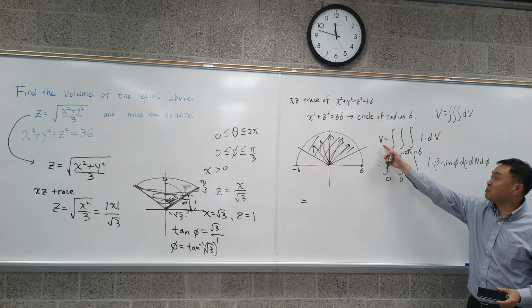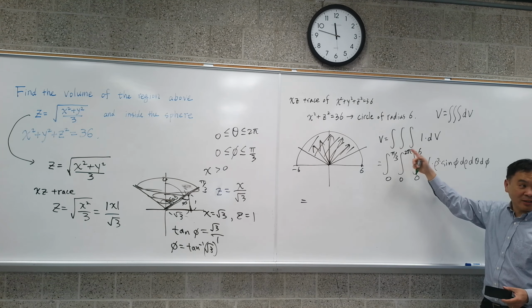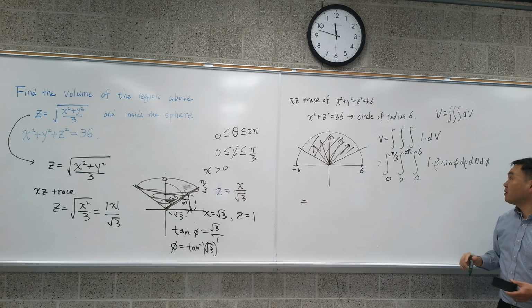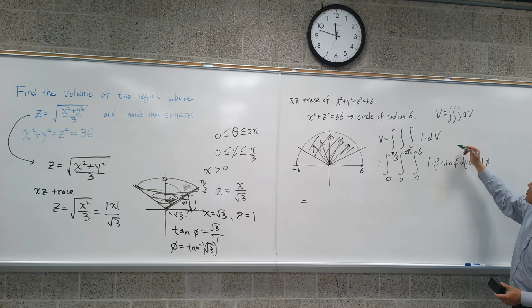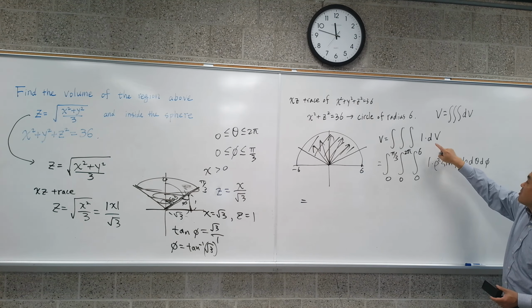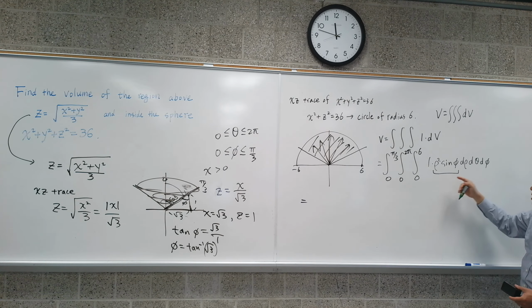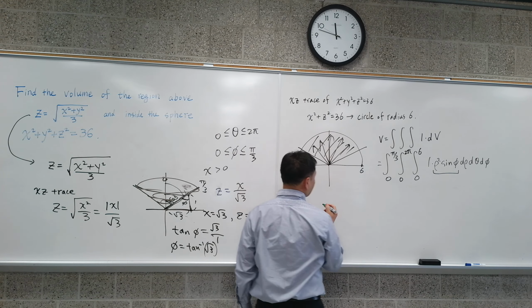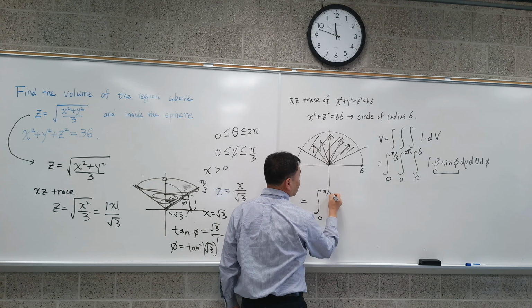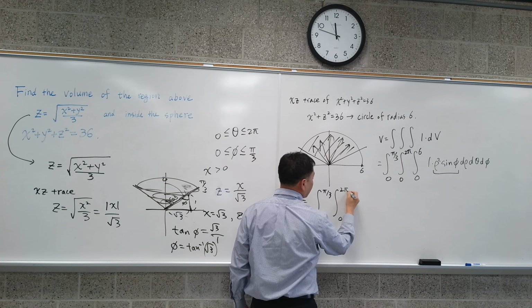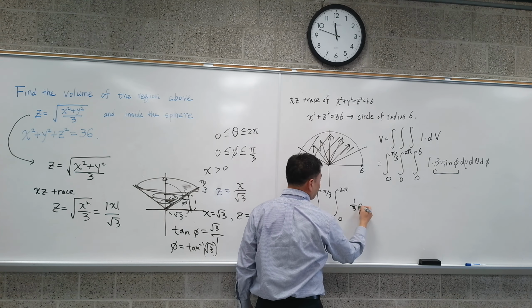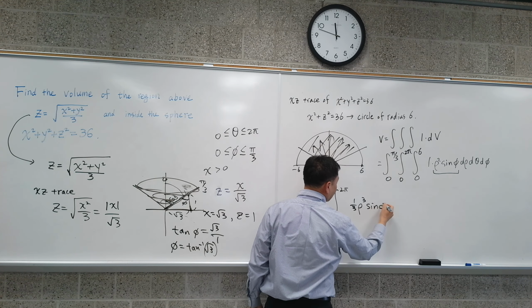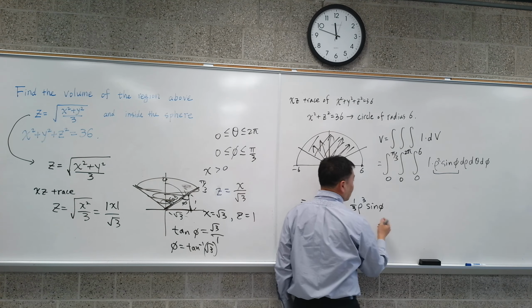So what I'm doing is taking V and writing it as a sum of small dV. But dV in rectangular coordinates is dz dy dx. In the spherical coordinate system, you need this extra factor. I've explained why this happens. So now we have to integrate rho squared, with phi from 0 to pi over 3 and theta from 0 to 2 pi. The integral of rho squared is 1/3 rho cubed. Sine phi is just a constant multiple, so that doesn't change.